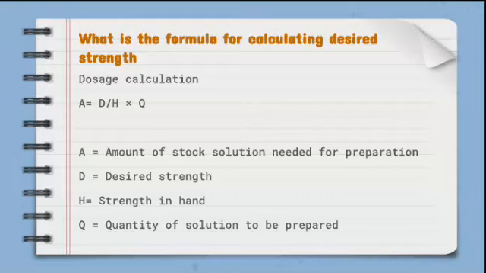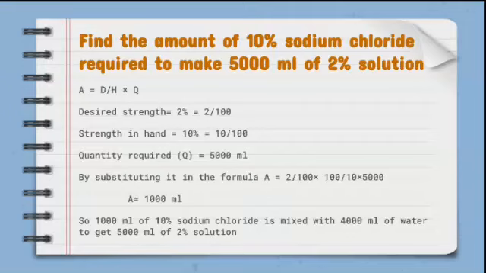H is the strength that you have available in your ward or in your hospital. D is the desired strength or the prescribed strength. A is the stock solution amount, and Q is the quantity of solution you need to prepare. So A is equal to D by H into Q. You remember this whenever they ask for dilution related questions.